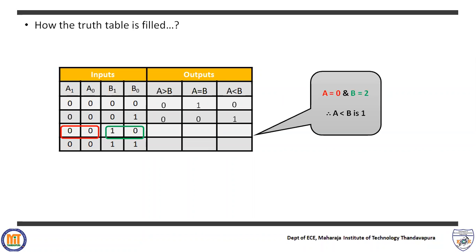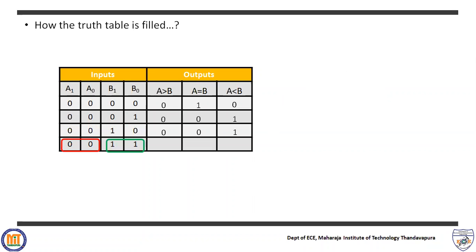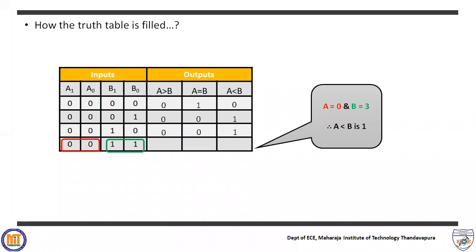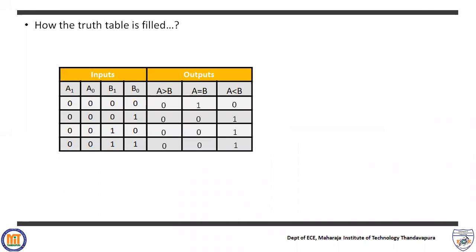Again A is less than B, so we have A less than B column set to 1. Next we have the third condition. So A is 0 and B is 3. With this again we have A less than B column set to 1.